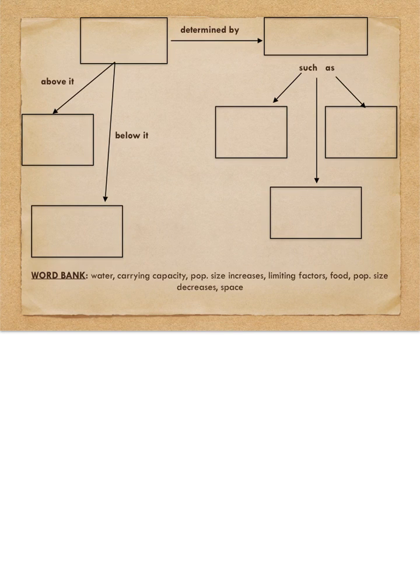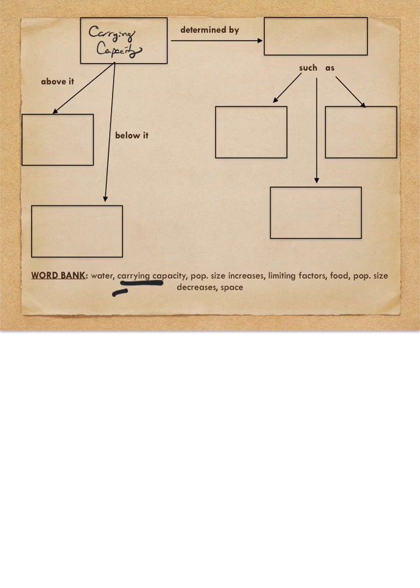So let's take a look at this flowchart. I got some of these off presentations online. Let's see how we might be able to fill this in. If we are looking at carrying capacity, right, and we're saying carrying capacity would be here, well, what's carrying capacity determined by?